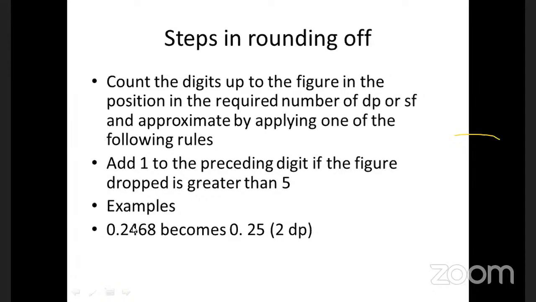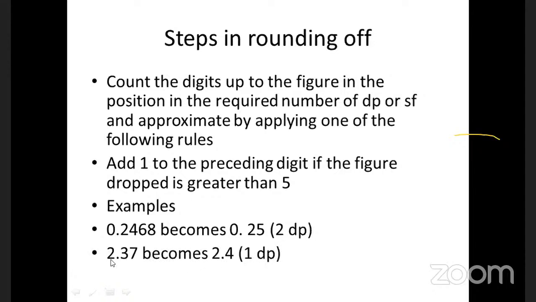That is why 0.2468 now becomes 0.25, and that is to 2 decimal places. Is that okay? Yes, sir. Are you very clear with that first rule? Adding 1 to the preceding digit if the figure to be dropped is greater than 5.